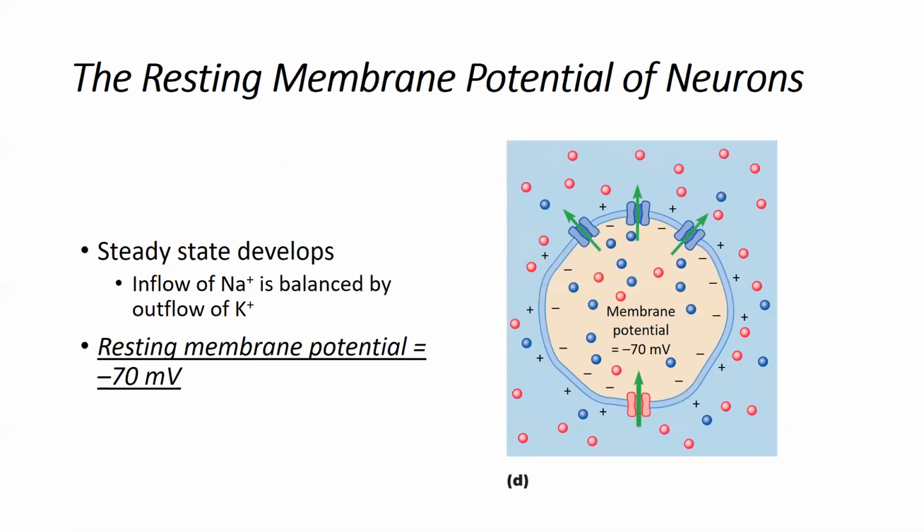And this is how we establish the resting membrane potential. So a neuron that's just chilling out, it's not doing anything, not excited, has a resting membrane potential of negative 70 millivolts. And that is brought about by the movement of sodium and potassium when they get to steady state. Any questions so far?